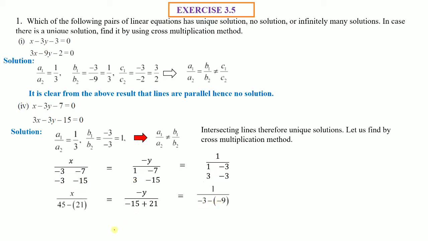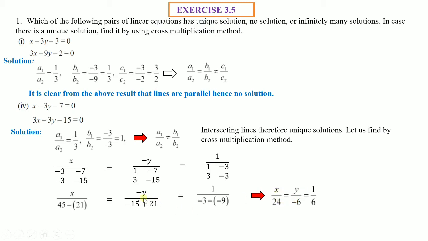The next step is, we have x upon 24, that is 45 minus 21, 24. Minus y, this minus I am putting out downward, minus 15 plus 21 is plus 6.